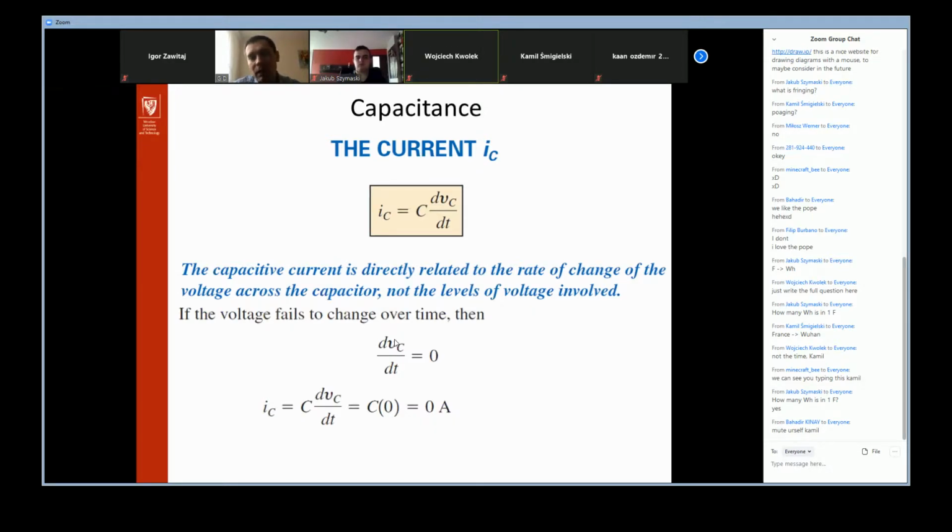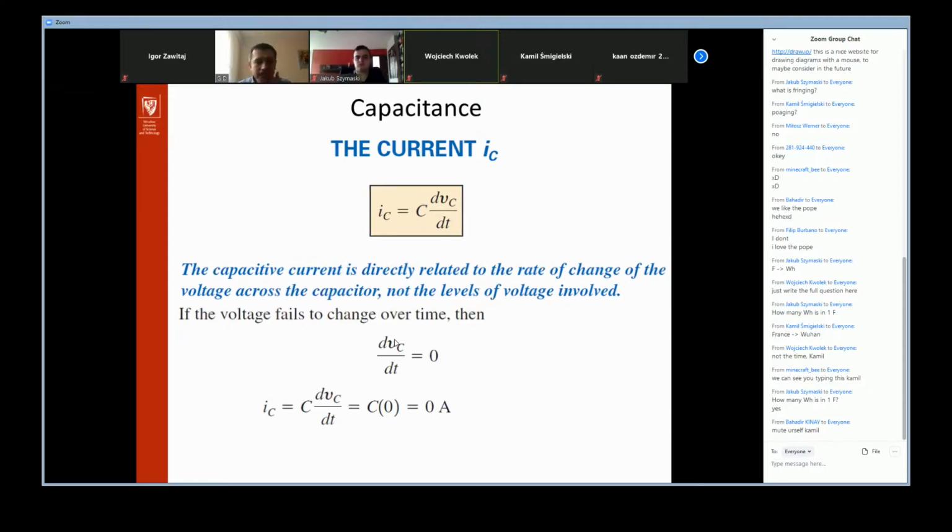Why? Because the capacitance is so huge, lots of charges want to go from the bottom plate to the top one. So if we have more charges, we can observe more, or higher, current, in fact.